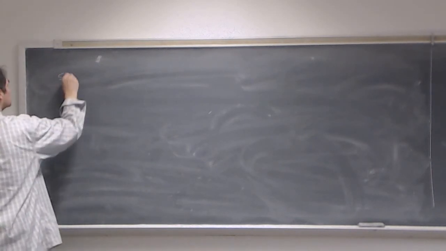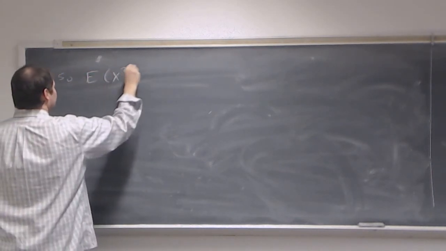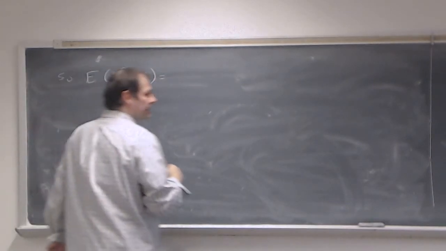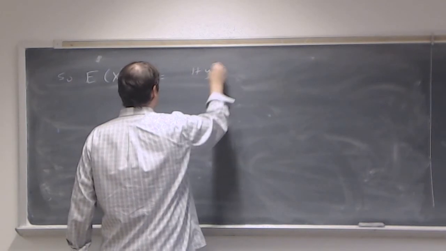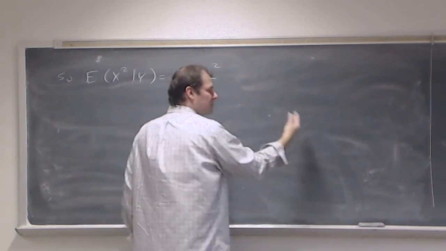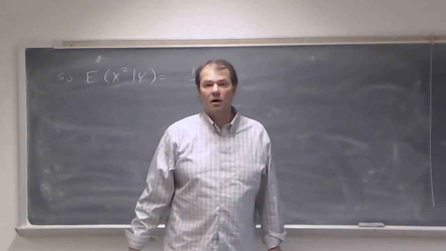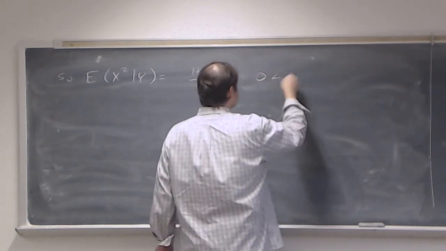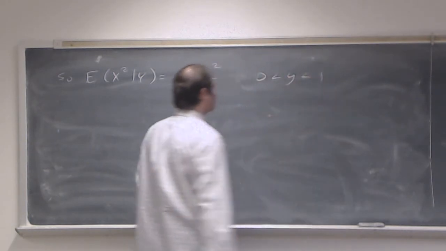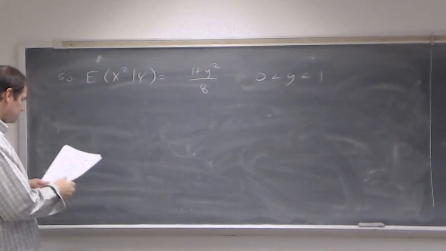We end up getting the expected value of x squared given y is equal to, after the cancellations, 1 plus y squared over 8. And here, I've erased where the joint PDF was, but it's going to be restricted to 0 less than y less than 1. That's what we have.